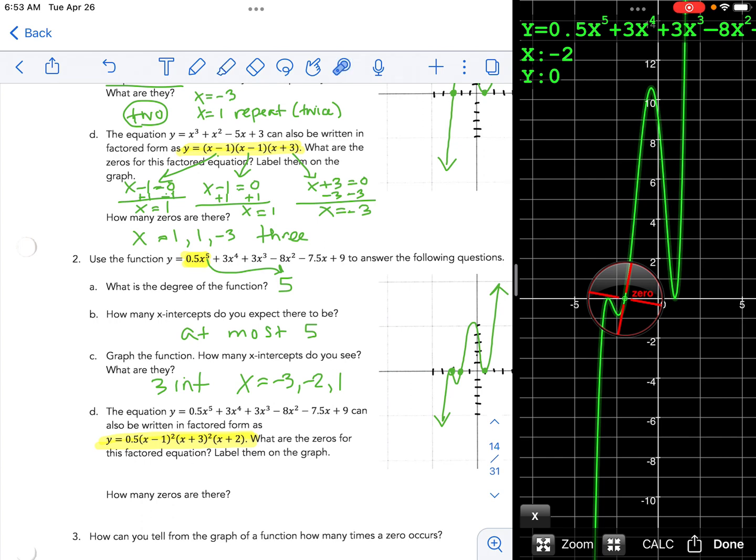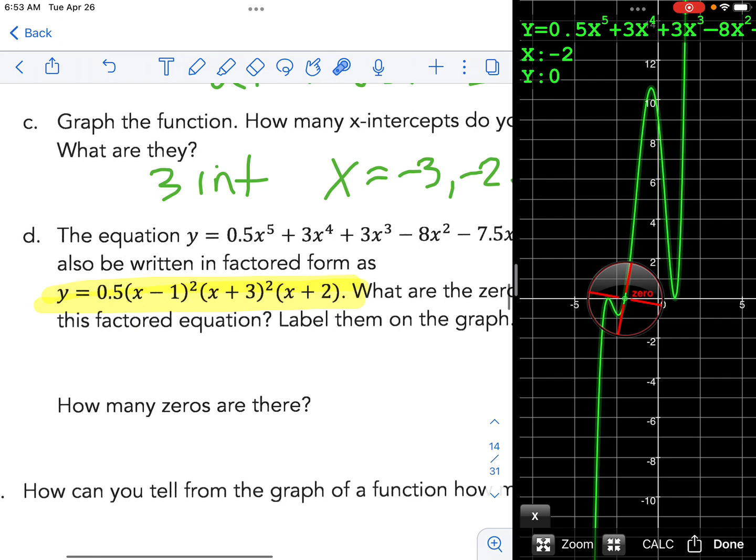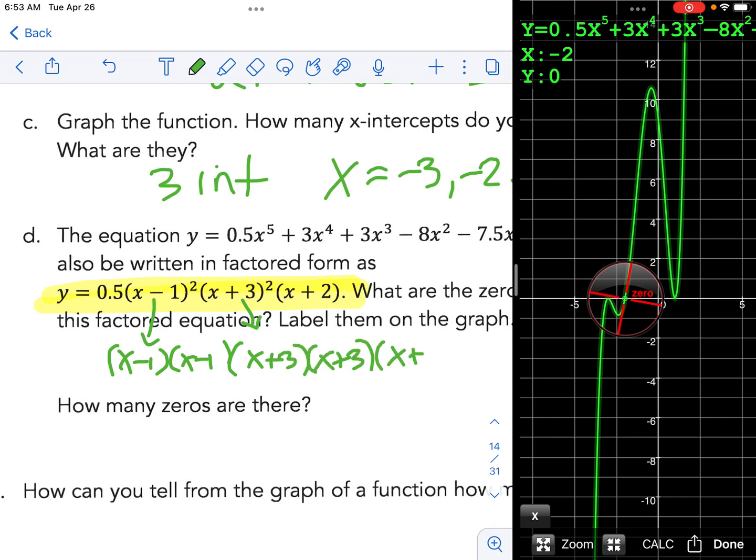We repeated the factors up here in 1D. Instead of repeating the factors, I used my power instead. So this x minus 1 squared really means x minus 1 times x minus 1. And this x plus 3 squared really means x plus 3 times x plus 3. And then we have a single factor of x plus 2.